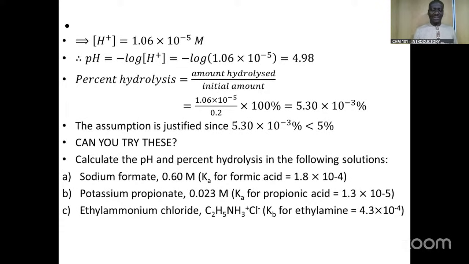So when the two combine, just like you have ammonia and HCl to give ammonium chloride, you also have ethylamine combining with hydrochloric acid to give ethylammonium chloride. So the ethylammonium ion will then undergo hydrolysis. And I'm sure if you apply what we've done previously to these three questions, you should be home and dry. Right? Are we okay with that?